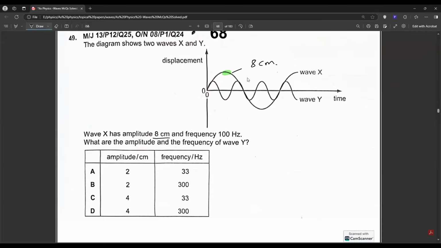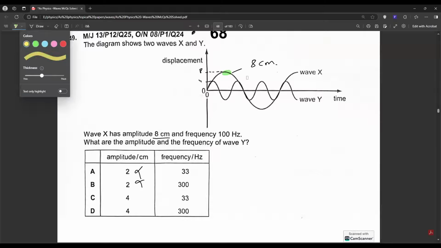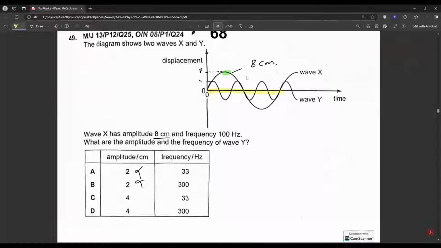Very easy. First of all, amplitude is pretty easy to calculate. This roughly looks like half the amplitude. If this is 8, this looks like half the amplitude. Regarding the frequency, if you notice, one wave of X is covering how many waves of Y? Let me take a different color marker.